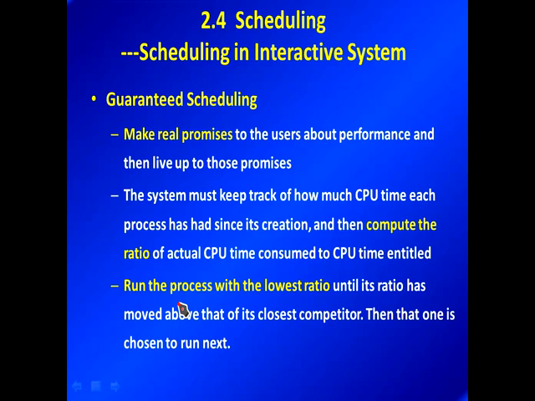So this is the basic idea of guaranteed scheduling. It means you make some promises and you keep your promises by checking the difference between the promise and the real used time.